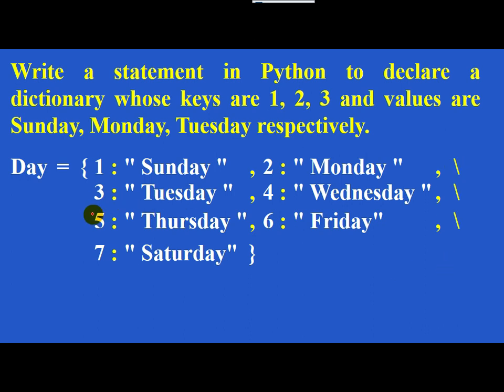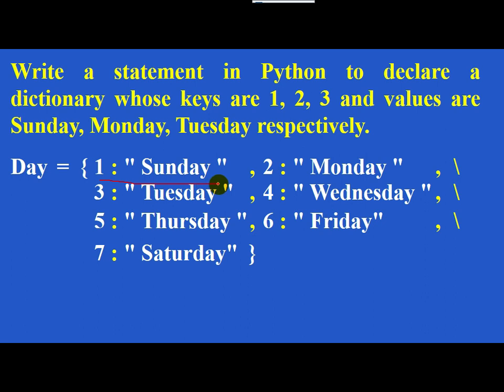Okay, so I created a dictionary by the name day. These are the various items of the dictionary and these are the various keys. Okay, and these are the corresponding values. Now please understand, a dictionary is a mutable type, which means you can change the content of the dictionary.